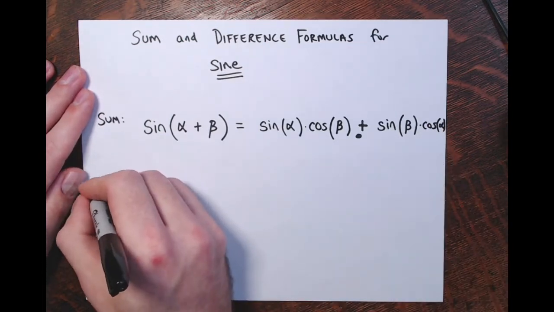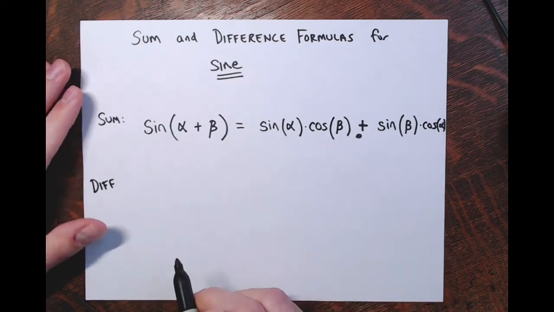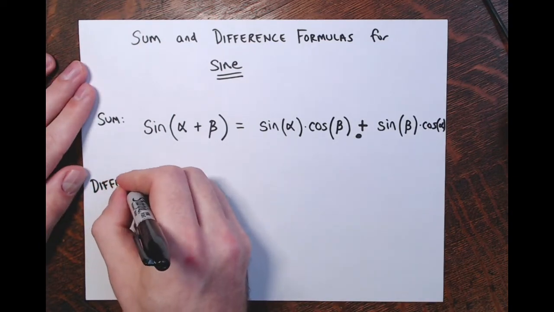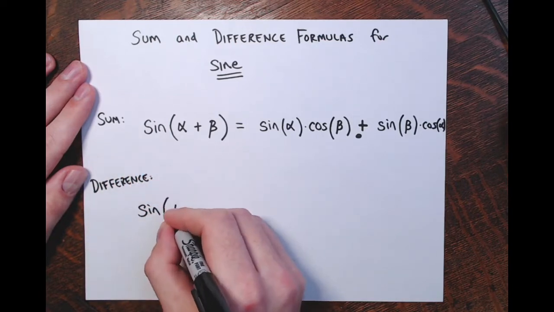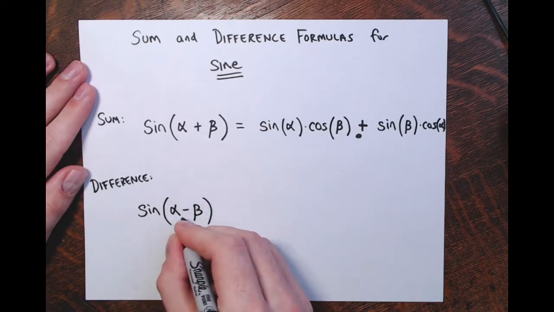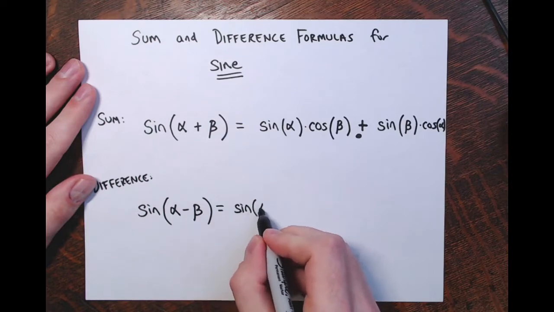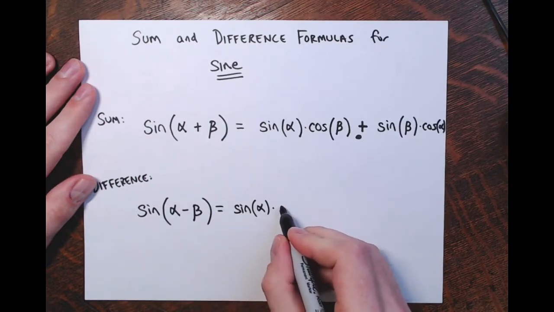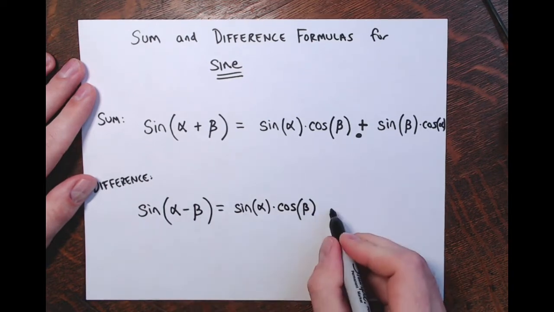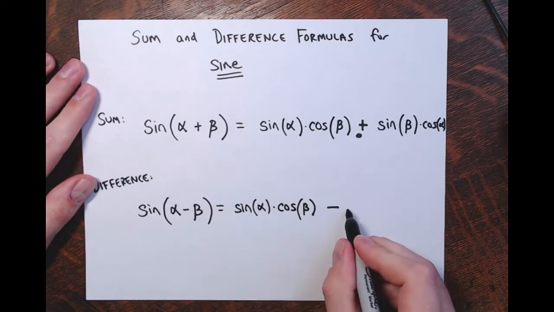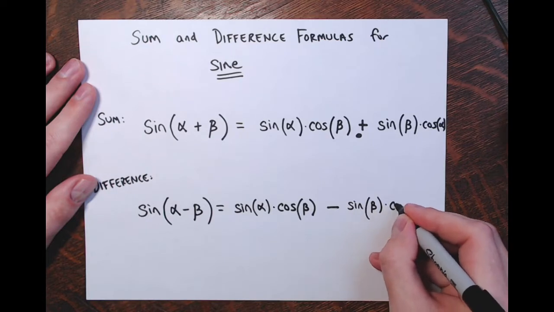And then the difference formula, the only thing that changes are the pluses. The pluses become minuses. So the sine of the difference between two angles, say alpha minus beta, is the sine of alpha, the sine of the first angle, times the cosine of the second angle, beta, minus the sine of beta, the sine of the second angle, times the cosine of alpha.